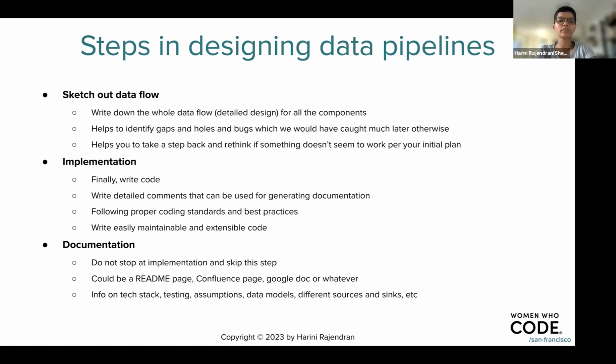It's a one-time effort to write and document, but it would come very handy as the project grows in complexity and as more and more people start working on the project. So documentation is also a really important step while building not just data pipelines, but any software.